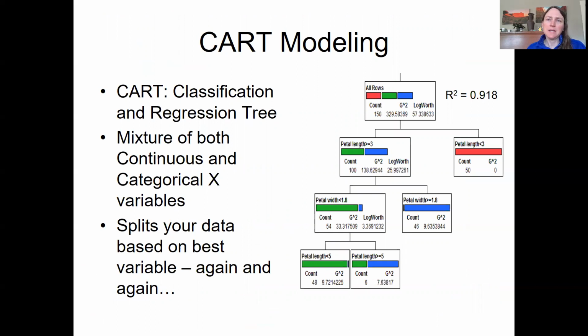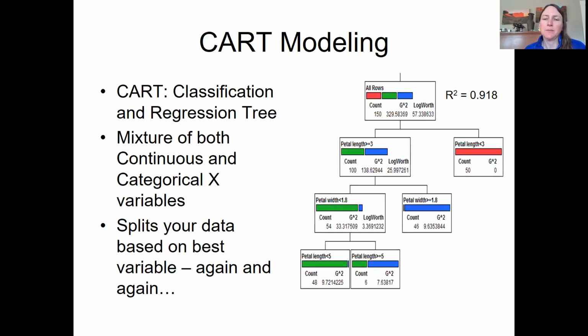And they split it into two parts, depending on what single independent variable best can divide it into two parsimonious groups. And so that could be a categorical variable. It could be a continuous variable, greater than 5 and less than 5. Okay, and then it takes each of those chunks of data and it splits them further. It's making kind of a dichotomous tree out of your data.